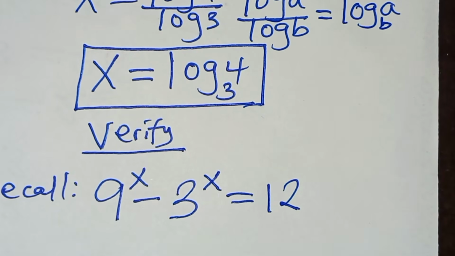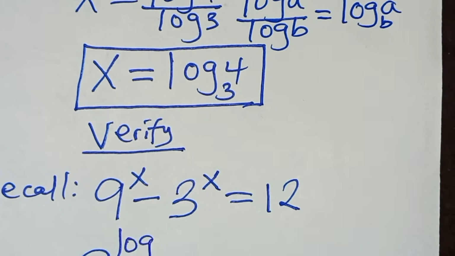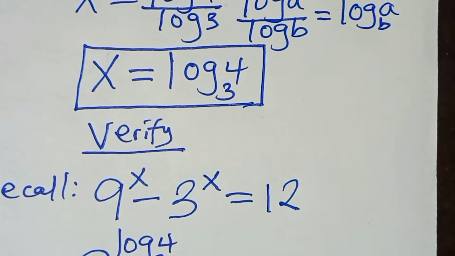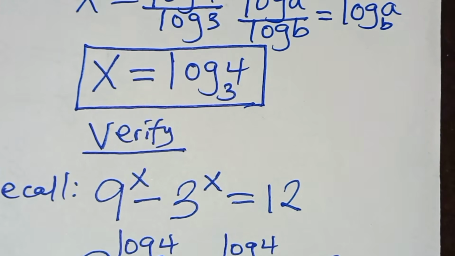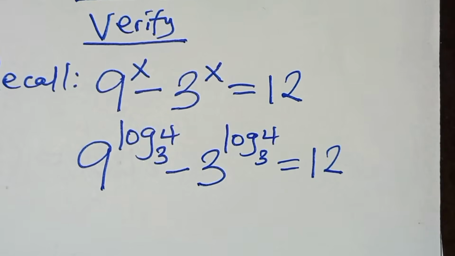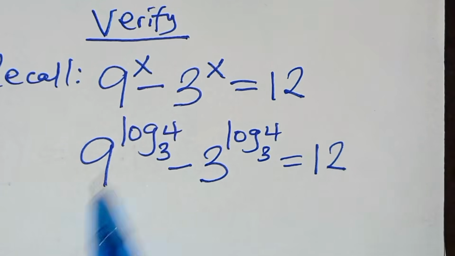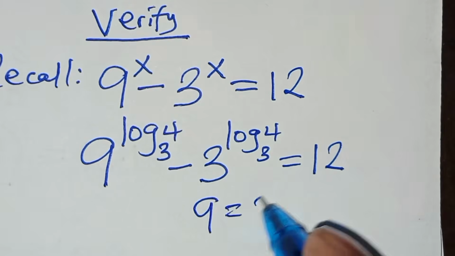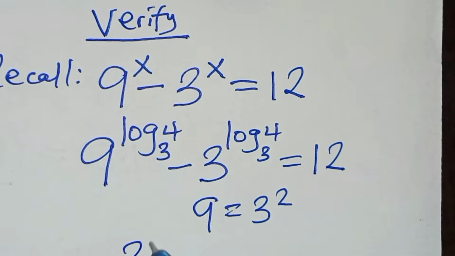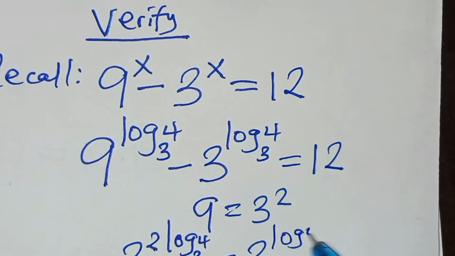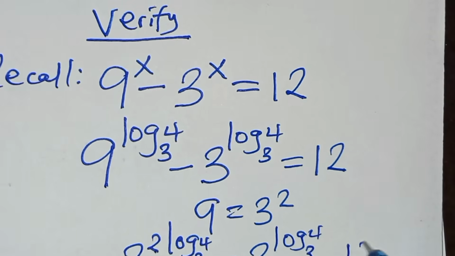So this is the same thing as 9 to power log 4 to base 3, subtract 3 raised to power log 4 to base 3. This is supposed to give us a value of 12. Now, from here, we can express 9 as 3 to power 2. So substituting this, we'll have 3 to power 2 multiplied by log 4 to base 3, subtract 3 to power log 4 to base 3. This is supposed to give us a value of 12.